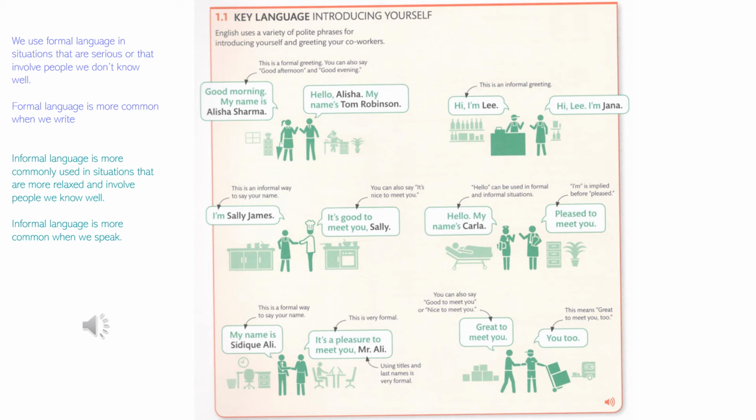Okay, when it comes to informal language, we can be a little bit more casual because we know the person that we're talking to quite well, and it could be a friend as well. So that is the only instance where we'll be using informal language. But when it comes to written and spoken as well, it can vary. You can either use formal or you can also use informal. Sometimes we have something called semi-formal, which is in between formal and informal. So that language also can be used.